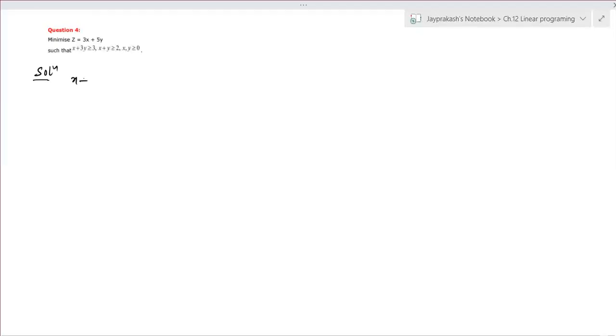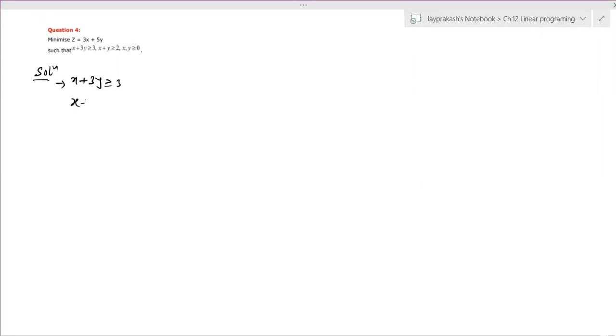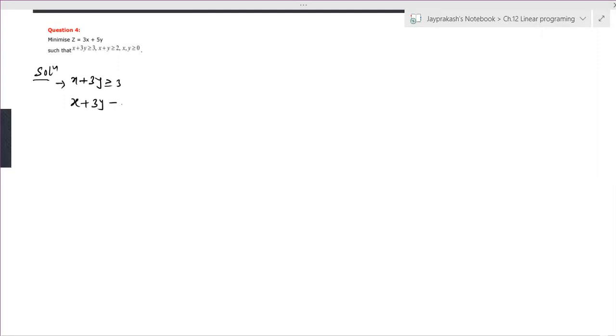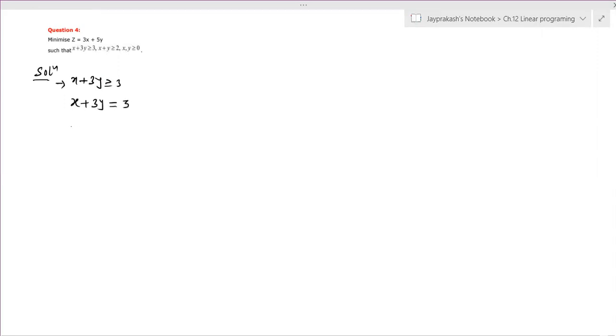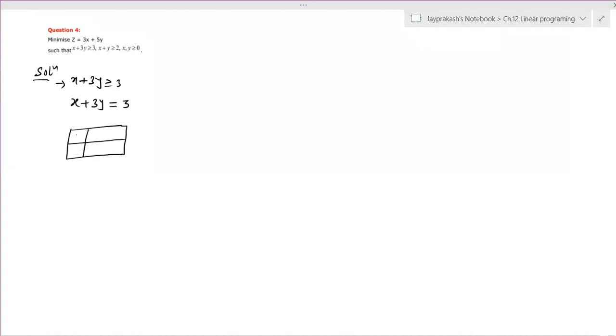Now first find the solution for x + 3y ≥ 3. When x is 0, y is 1. When y is 0, then x is 3.